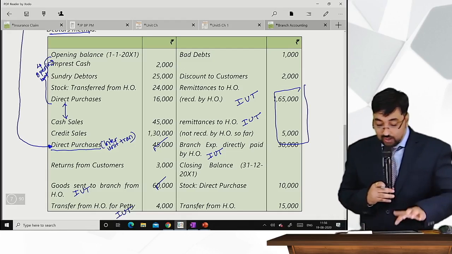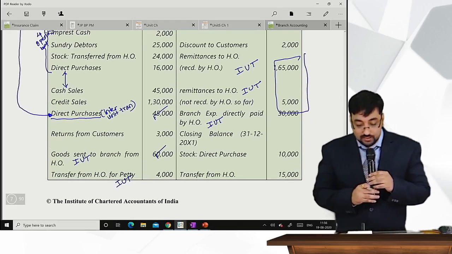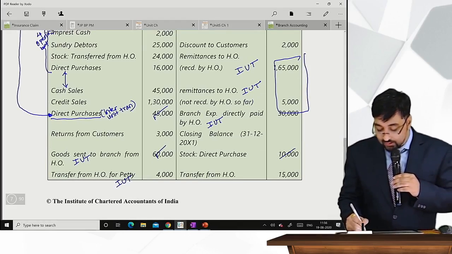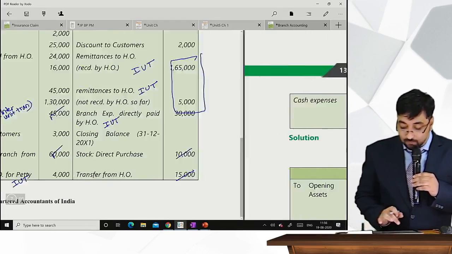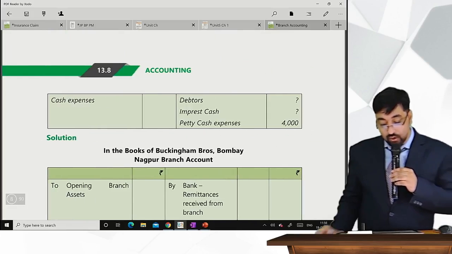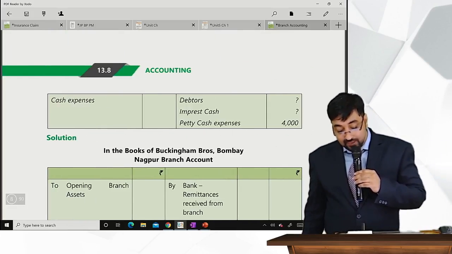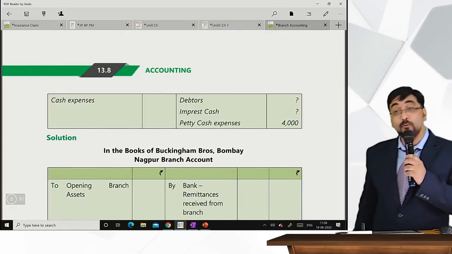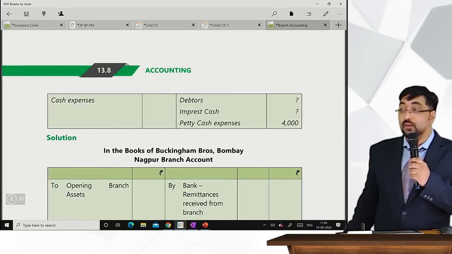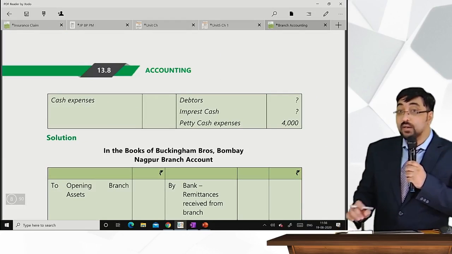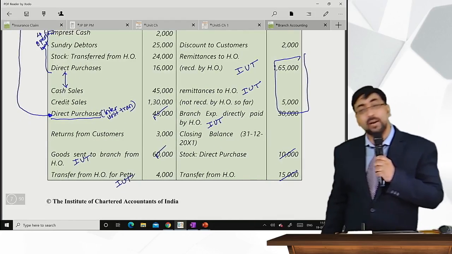Now we have to write all closing balances. We have closing balance of stock and transfer from HO, but we don't have debtors' balance and imprest cash balance. Therefore, we are going to open memorandum debtors and memorandum petty cash account.